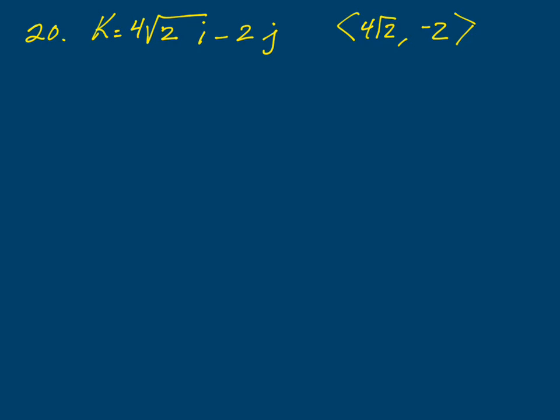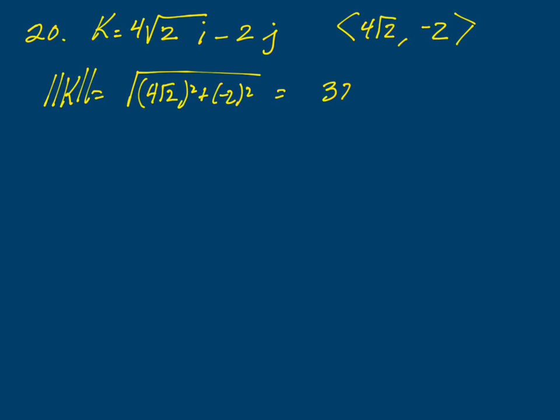All right. So the magnitude of k is equal to 4 times the square root of 2 squared plus negative 2 squared, which is equal to 16 times 2. So that'd be 32. Square root of 32 plus 4 is the square root of 36. So you finally get a whole number, 6, for your magnitude.